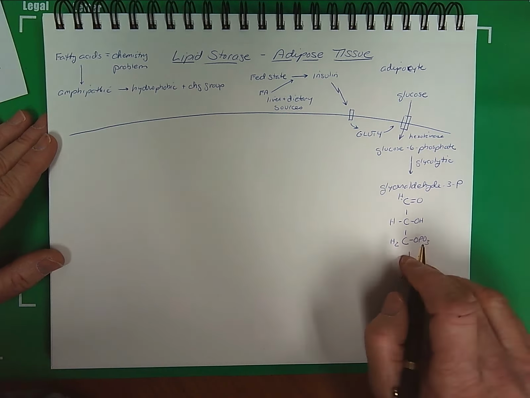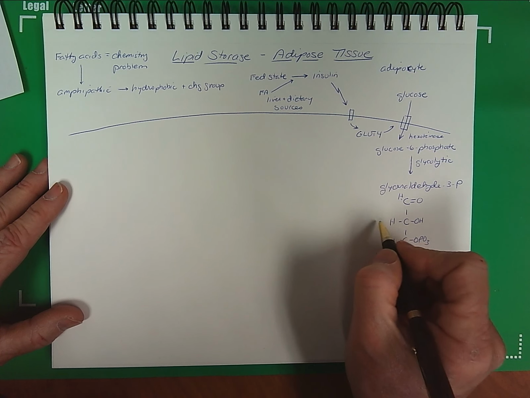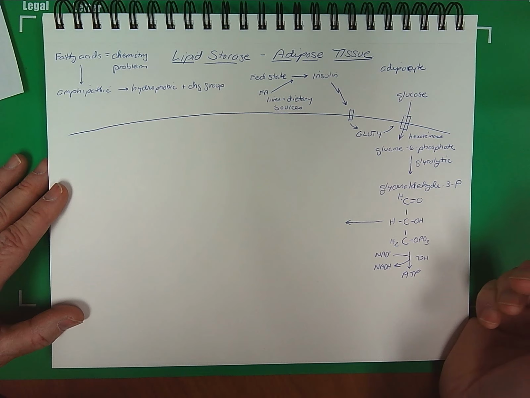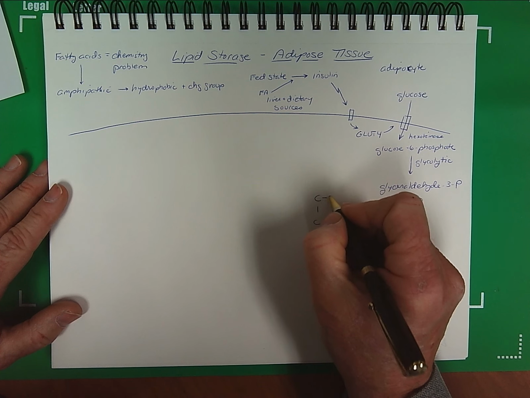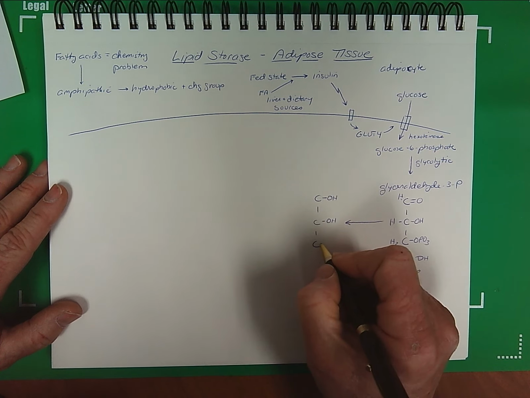Or, in this process of the next step of glyceraldehyde 3-phosphate dehydrogenase, this is our dehydrogenase enzyme, recall at this step we are making some NADH. What we can do with this NADH is we can convert glyceraldehyde 3-phosphate into glycerol 3-phosphate.